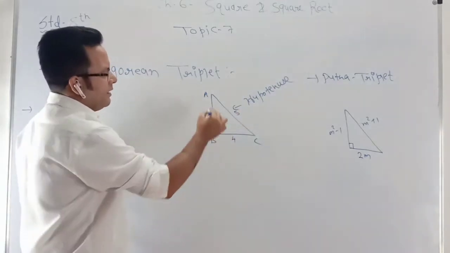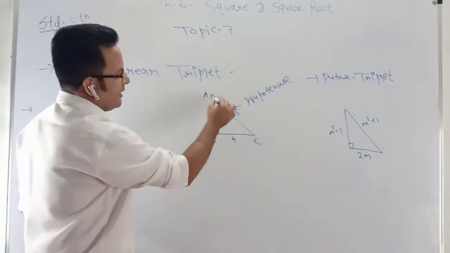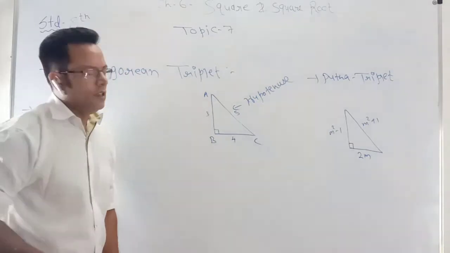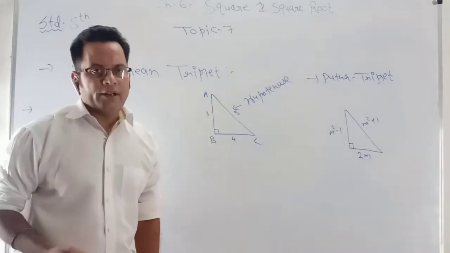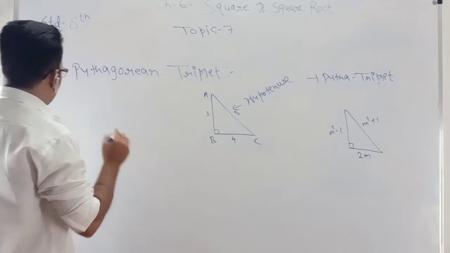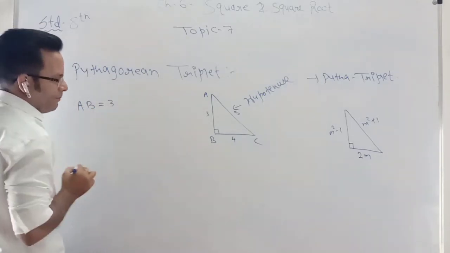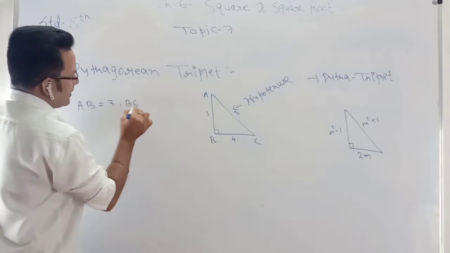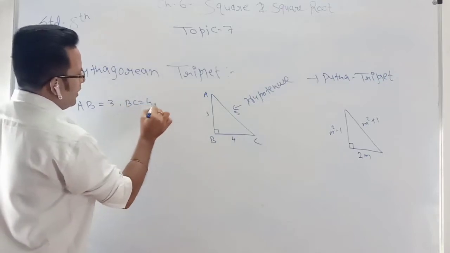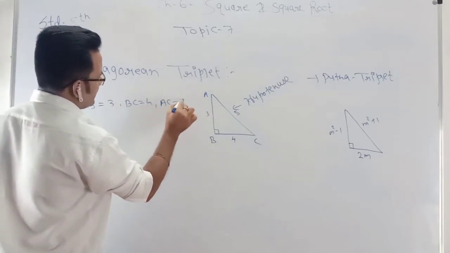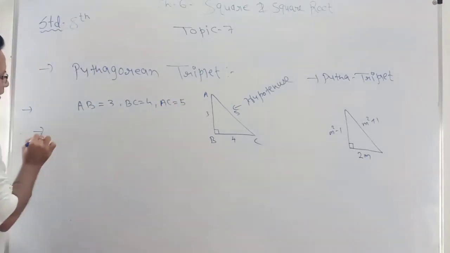As you can see, in this right angle triangle, AC is the longest side. It is called the hypotenuse also. Now see, here AB is equal to 3, BC is equal to 4, and AC is equal to 5.